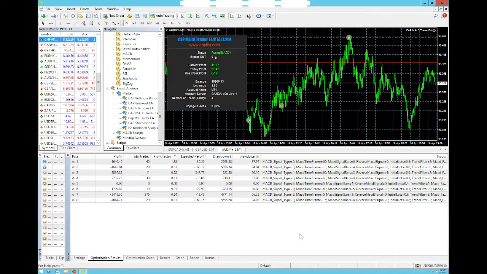Okay. So like I said before, sooner or later a profit factor of 4 will pop up. You're going to look at the total trades. You want to keep them between 15 and 30 for this first calibration. And you want to keep the drawdown percentage as low as possible, under 20% minimum.